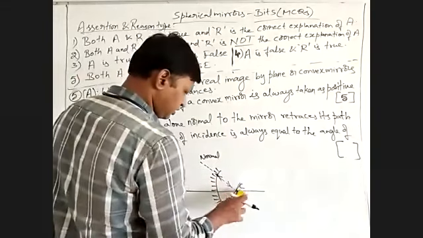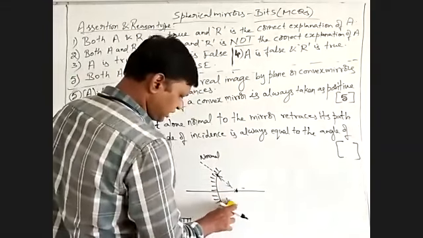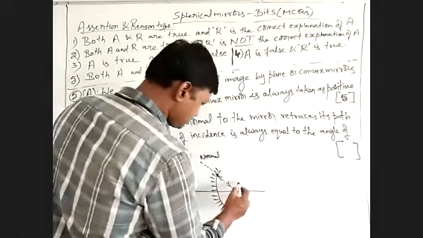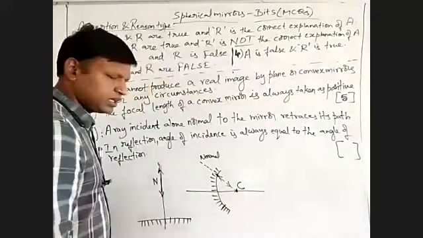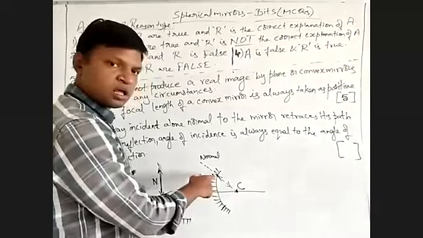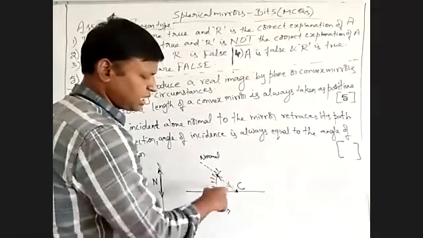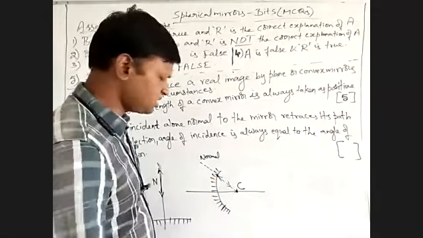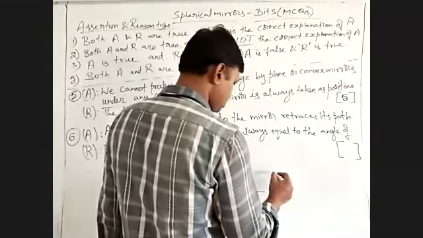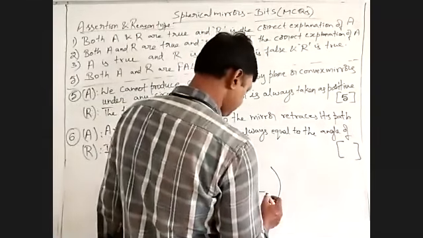No need for confusion. I will take only one ray. This is the center of curvature. The line joining any point on the surface of the mirror and the center of curvature is the normal for this.